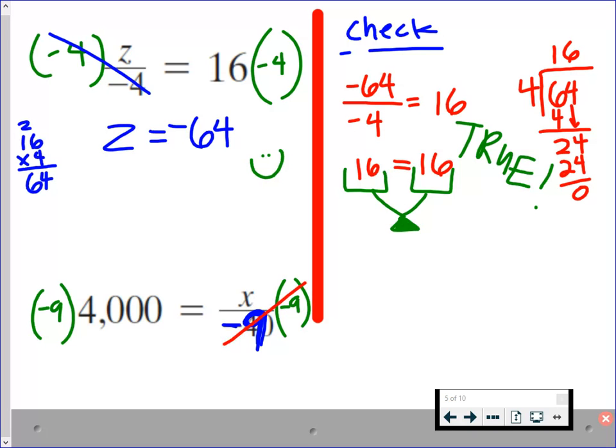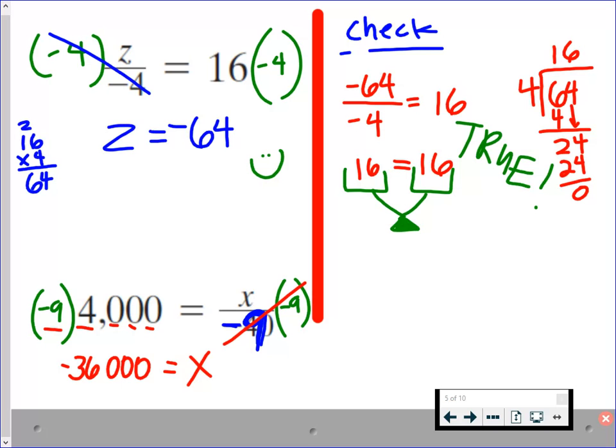The -9s eliminate themselves. -9 times 4 is -36. 1, 2, 3 zeros. 1, 2, 3. Good thing I didn't write times with an X because there was already a variable X in this problem.